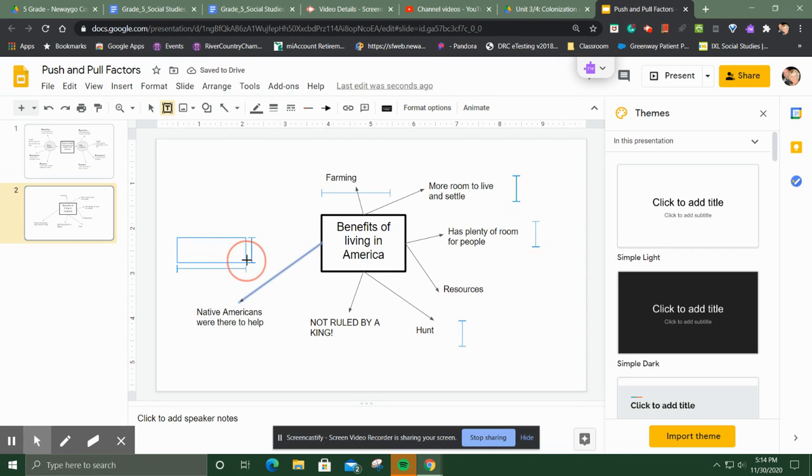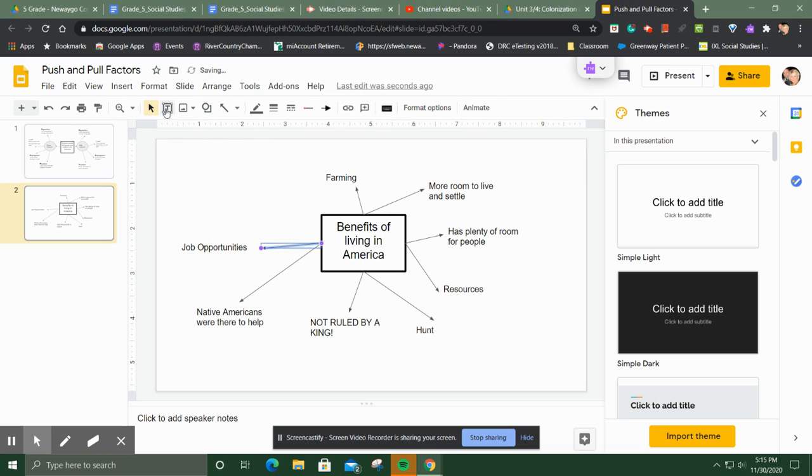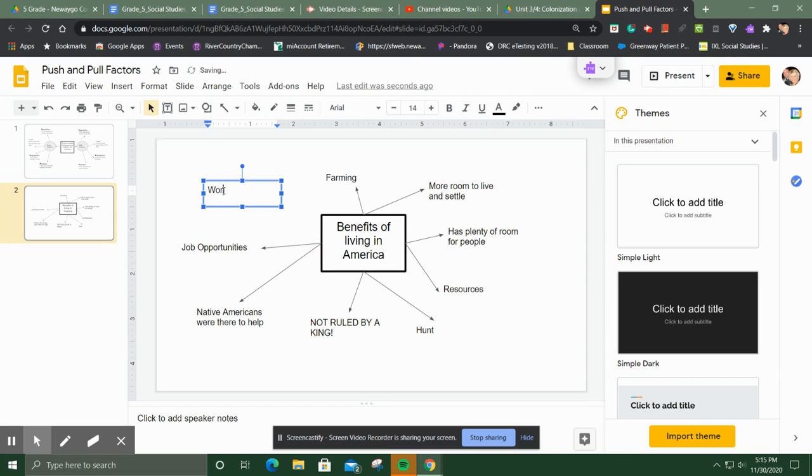We have a few more. Like we said earlier in the push and pull factors, job opportunities. And when they came to America, the settlers could worship God in their own way.